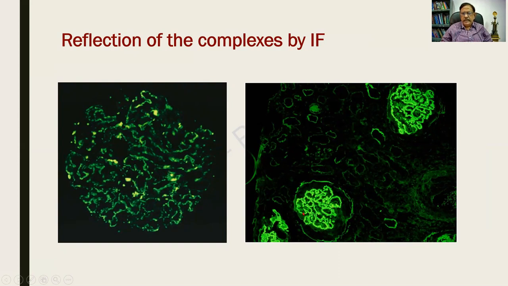In some conditions, it will be in the basement membrane, so there will be a uniform deposition of the complexes which are demonstrated by means of immunofluorescence. So what are all the investigations we can do? One is electron microscopy, two is immunofluorescence, and the third one is light microscopy. These three things we shall mention.